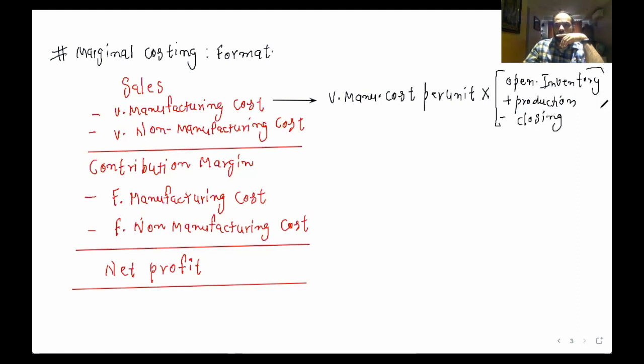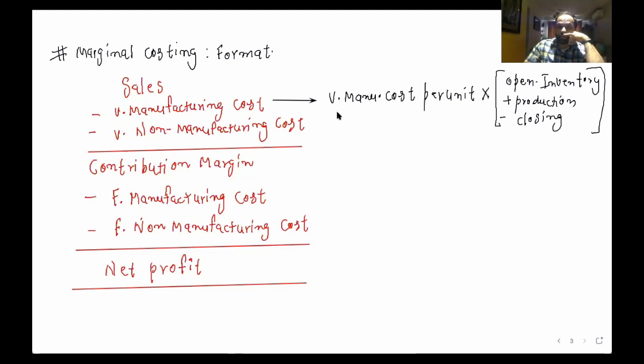That will be the same as absorption costing, but here the variable manufacturing cost is different because we are only using variable manufacturing cost.